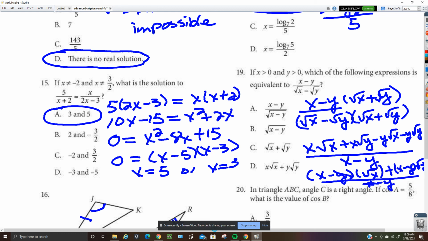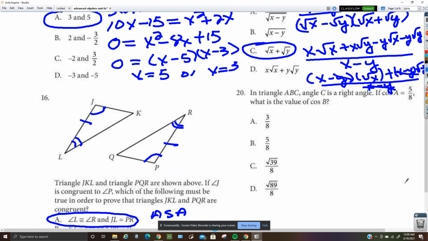Well, you can divide this out of all these, and you end up with square root of x plus the square root of y. So that's a little bit messy, but it simplifies to that. Right?